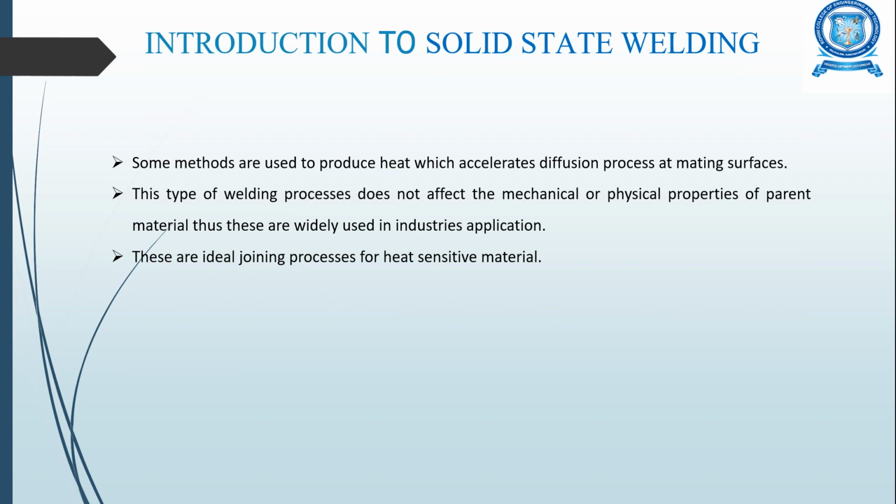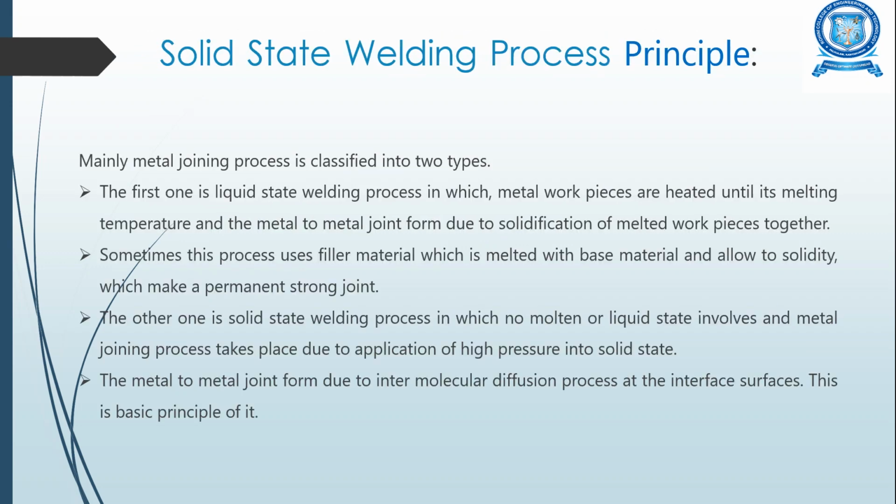And this type of welding process does not affect the mechanical or physical properties of the parent materials. Thus, this type of solid state welding process is mostly used in various industrial applications, and it is one of the ideal joining processes for heat sensitive material.